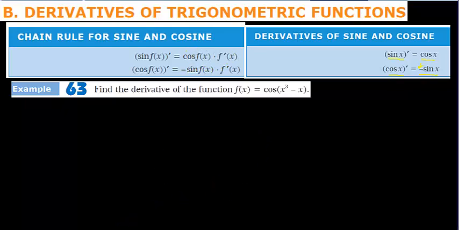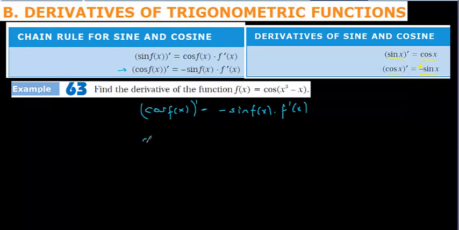Okay, if we start with this question, directly I'm going to apply this formula. So cosine f(x) derivative is going to be equal to minus sine f(x) times f derivative x.